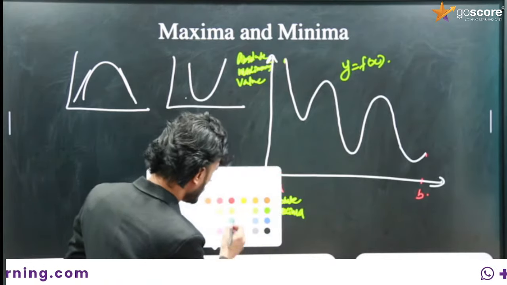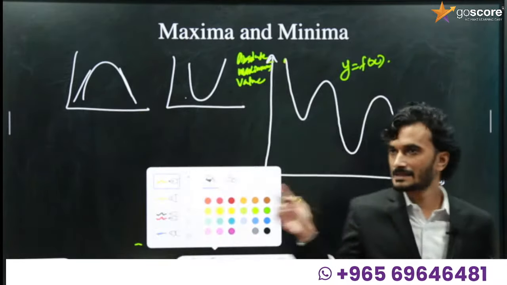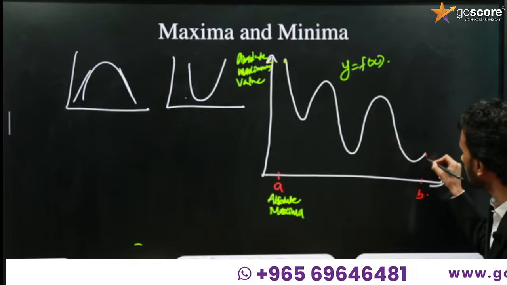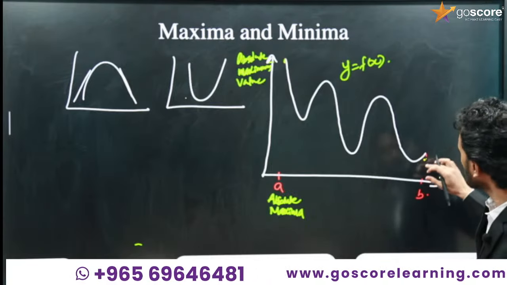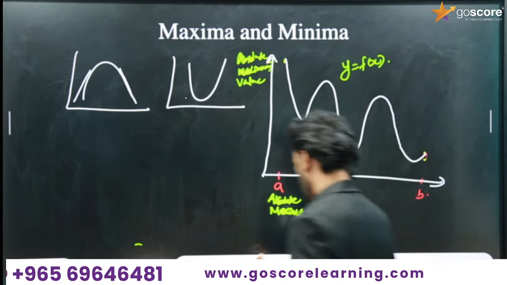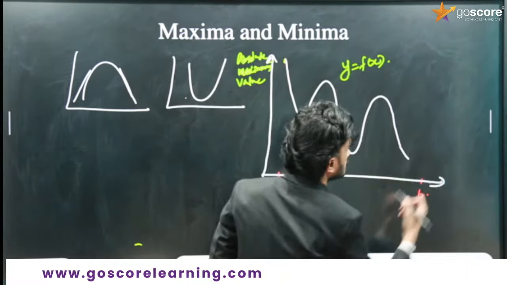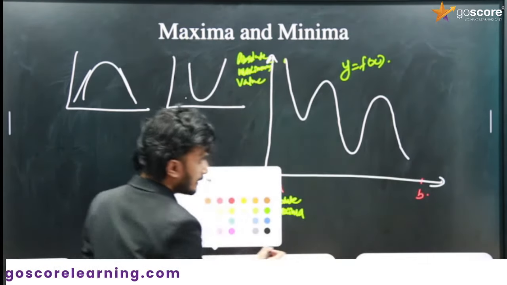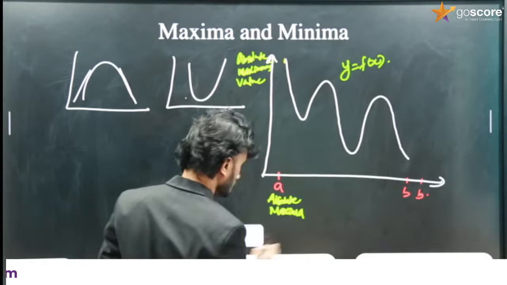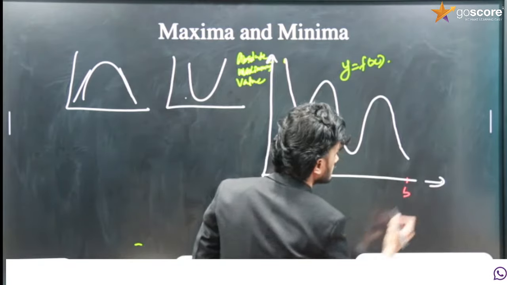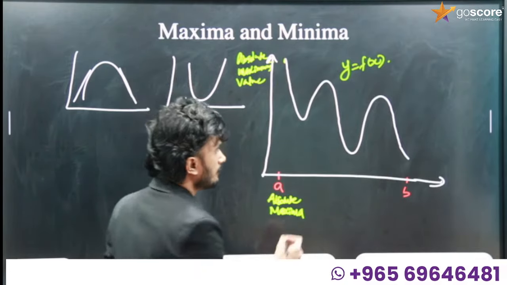So we can discuss the next one here. In this graph, you can see this one is the minimum value. This one is B. So this one is the minimum value.